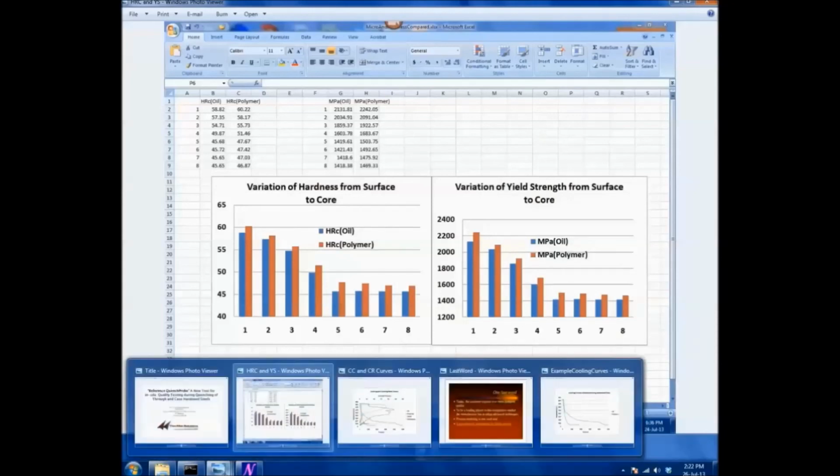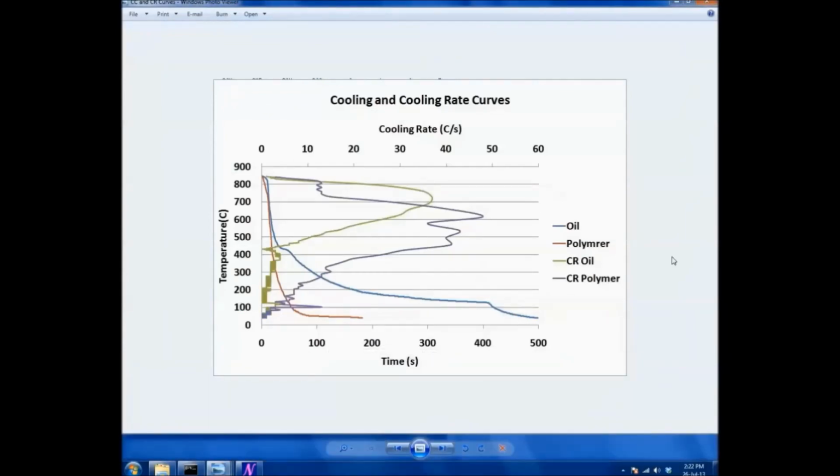A closer look at the cooling rates will give a little more insight into the process. You will see that in the case of oil quenching, which is the blue line, the cooling rate drops almost to zero at around 420 degrees centigrade, indicating that at that temperature the austenite decomposition to softer phases is promoted, and that's the reason why you get bainite in the core during oil quenching.